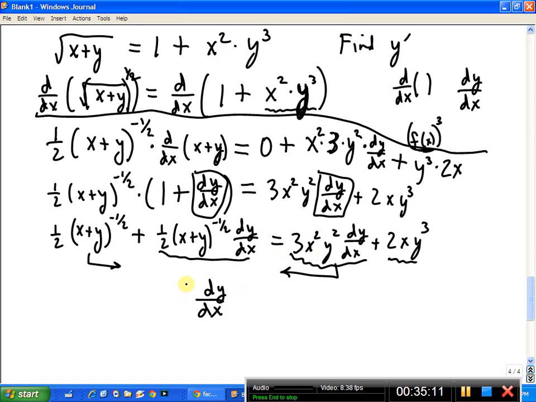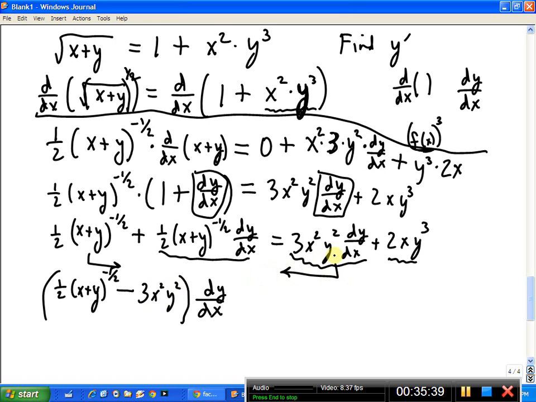And then I'm going to factor dy/dx out. And what that's going to leave me with is this guy, 1/2 (x + y)^(-1/2). The dy/dx is factored out. And then this is going to be over there also with a minus in front of it. So here's my minus. And then I'm going to have 3x squared y squared.